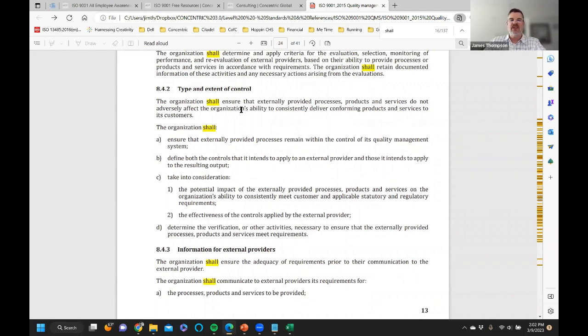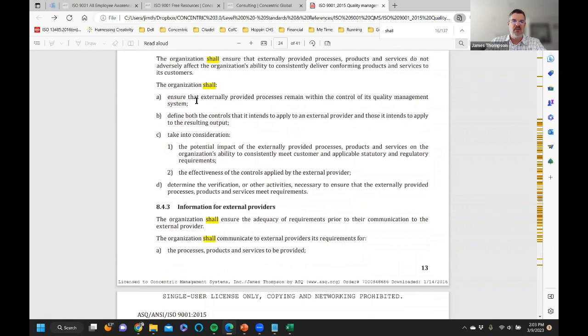So what about the type and extent of control? The organization shall ensure that externally provided processes, products, and services do not adversely affect the organization's ability to consistently deliver conforming products and services to its customers. The organization shall ensure that externally provided processes remain within the control of its QMS.